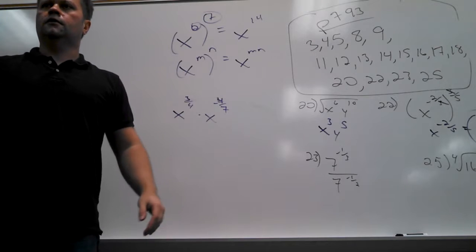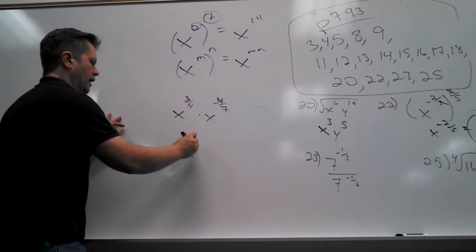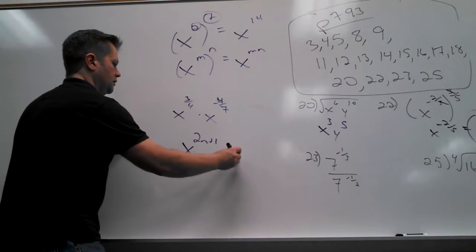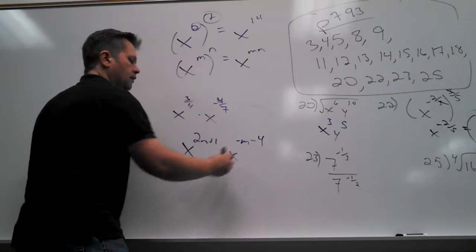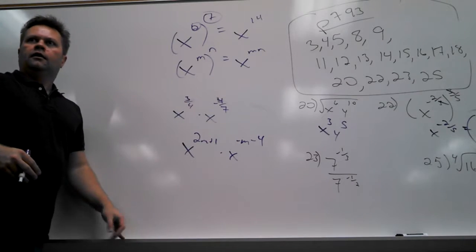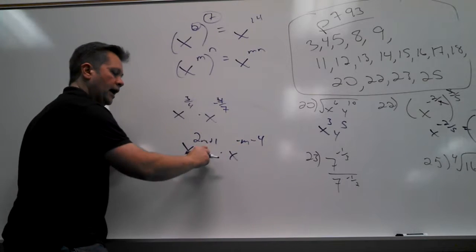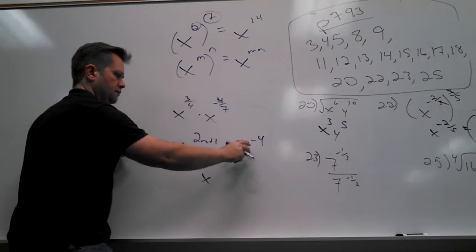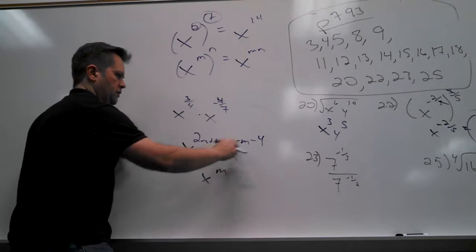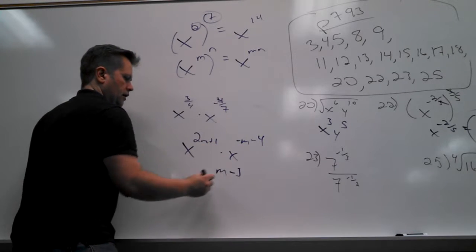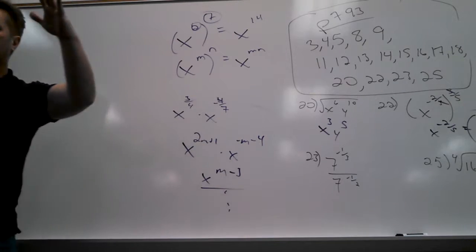Who cares? So I had that one bonus problem that had a bunch of like 2n plus 1. Remember this? Yes. And it was even over something. Because the properties don't care. What would you do here? Add them. So what's 2m minus m? And what's 1 minus 4? And they had stuff on the bottom, but then you would subtract the powers, right?